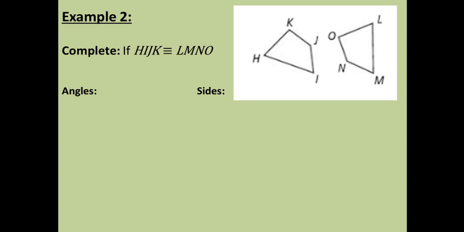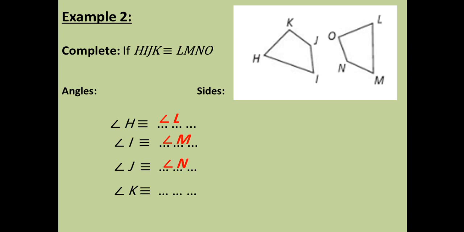The angle H corresponds to L, the angle I corresponds to M, the angle J corresponds to N, the angle K corresponds to O. You can write these angles from writing the polygon in its order.